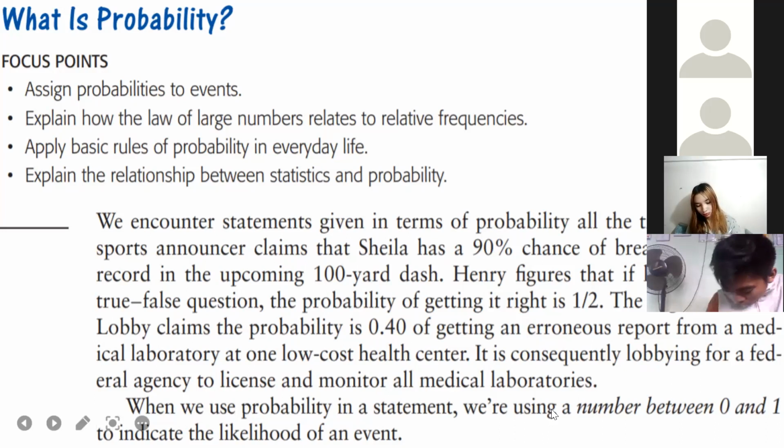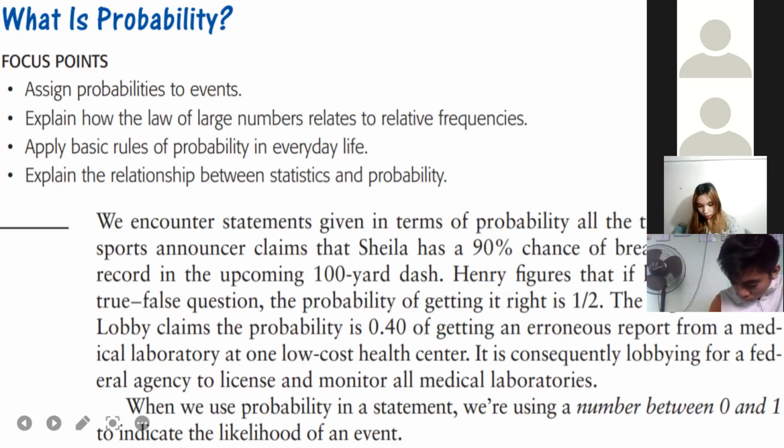Okay, and it says there that when we use probability in a statement, we're using a number between 0 and 1. Okay, so it means the probability will not be less than, a negative number. It starts with 0 up to 1 only. Okay?